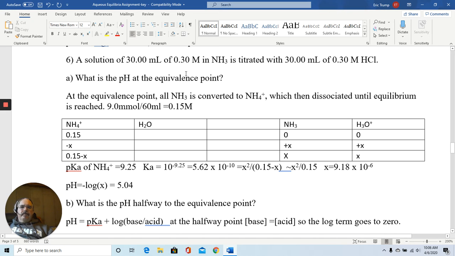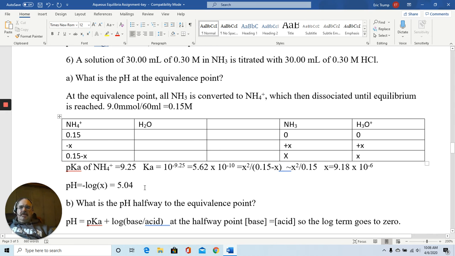And so the millimoles of ammonium will be the same as the millimoles of ammonia that we started with, which will be 9. I get that by taking 30 times 0.3. And if we divide that by the total volume, that's our concentration, which is 0.15.